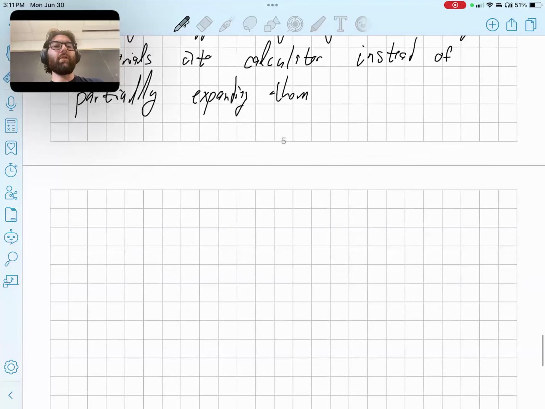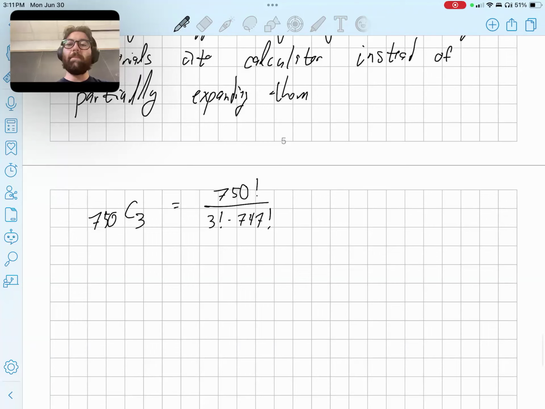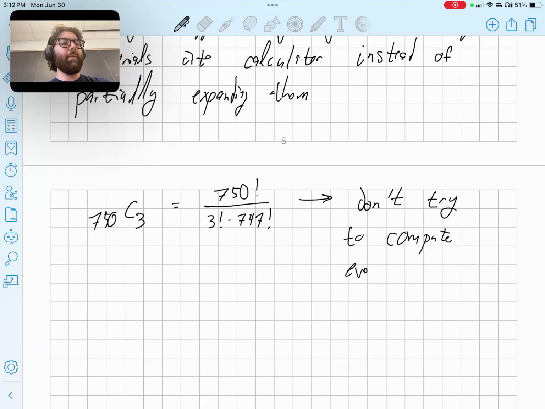And so, for example, if you're trying to do 750 choose 3, well, that's 750 factorial over 3 factorial times 747 factorial. If I put in 740 factorial, my iPhone literally just says overflow. And so don't try to compute every factorial.